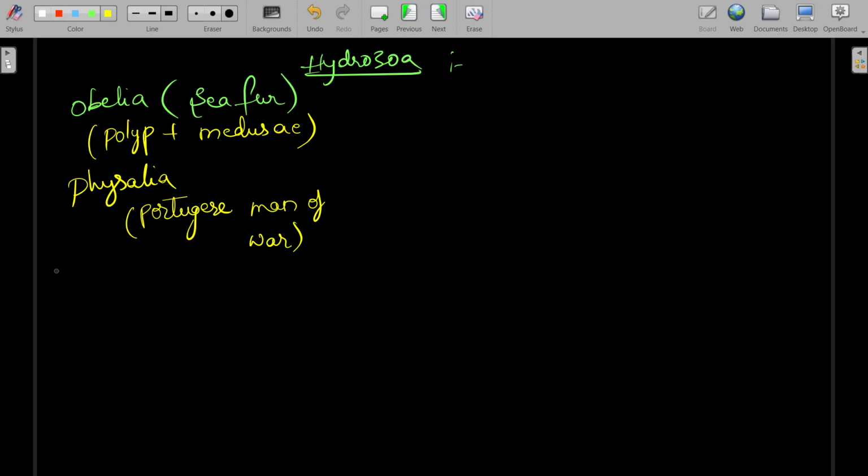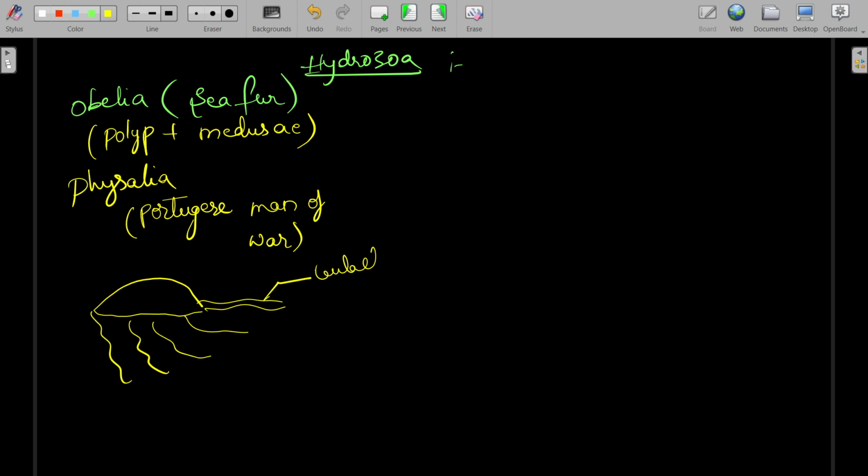Why? Because it looks like this. These are tentacles, and they produce neurotoxins.